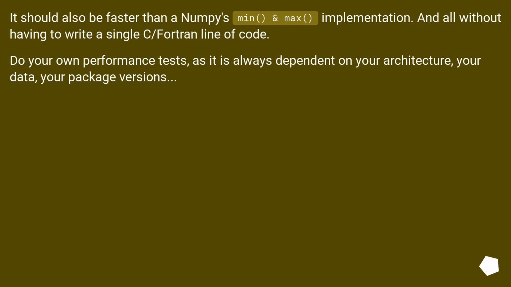It should also be faster than NumPy's min and max implementation. And all without having to write a single C/Fortran line of code. Do your own performance tests, as it is always dependent on your architecture, your data, your package versions.